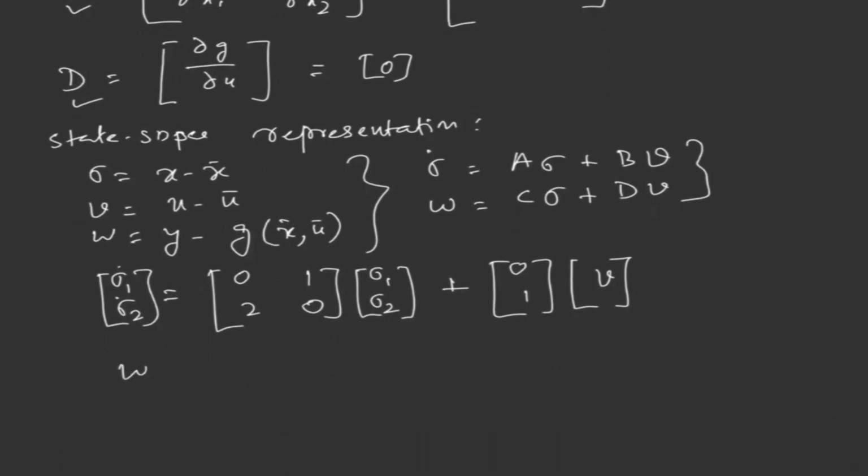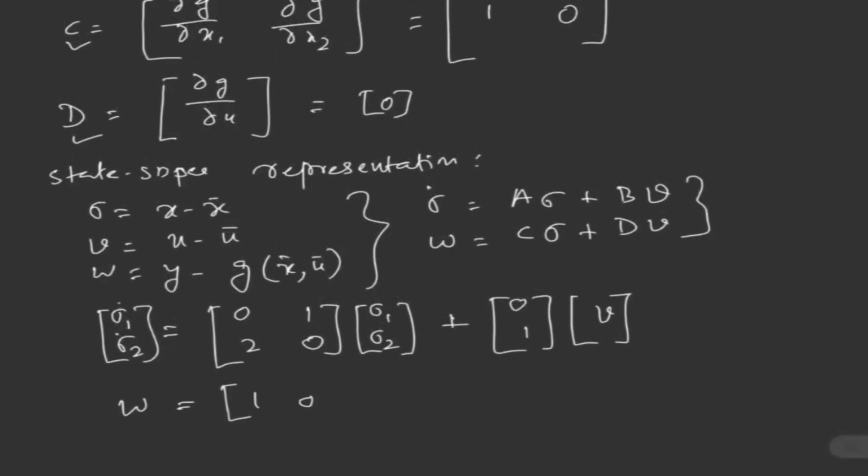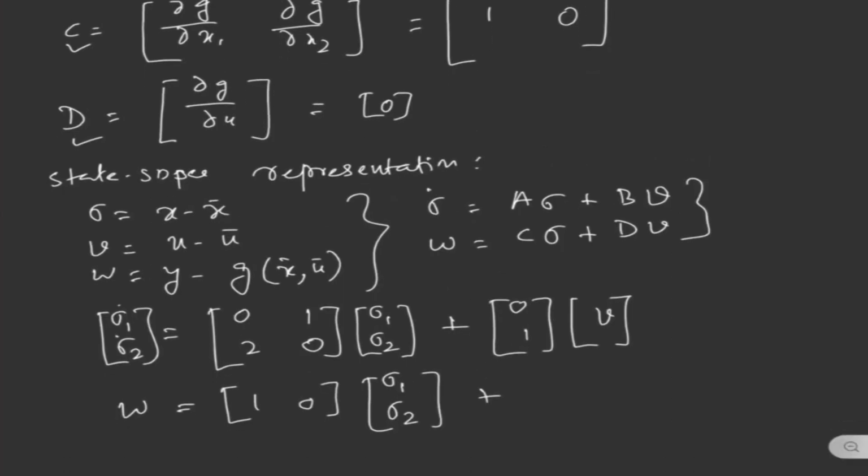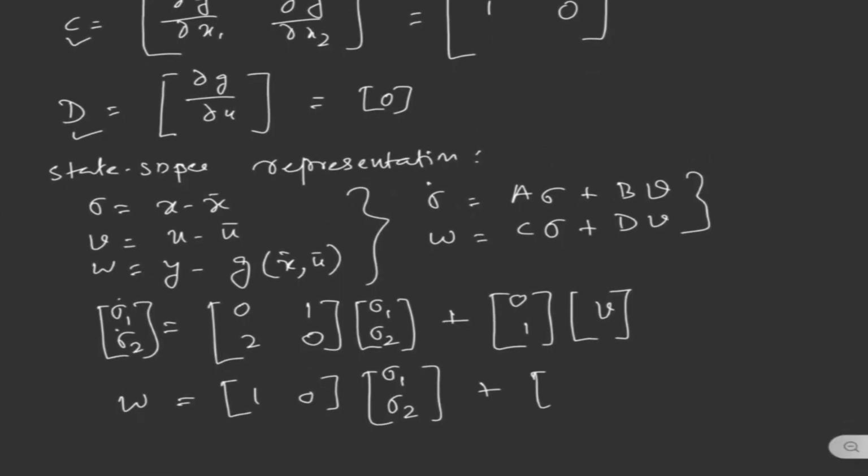The W expression will be C, which is [1, 0], times sigma 1, sigma 2, and D is 0.